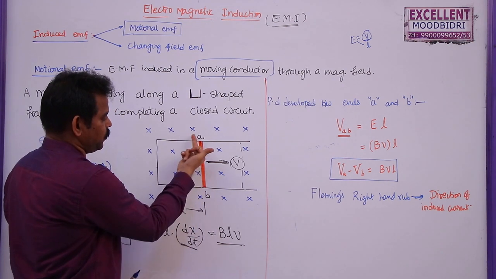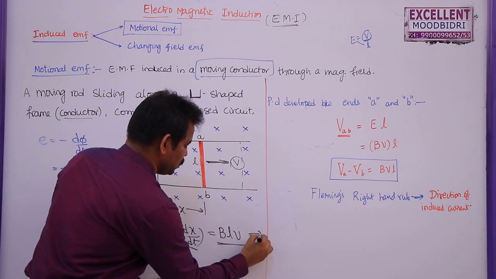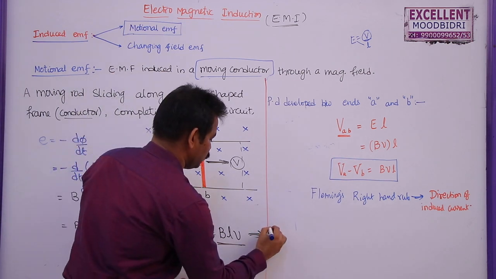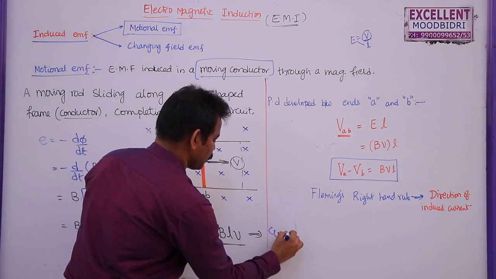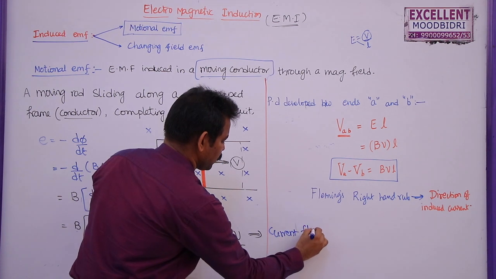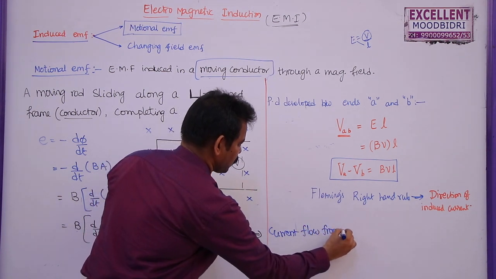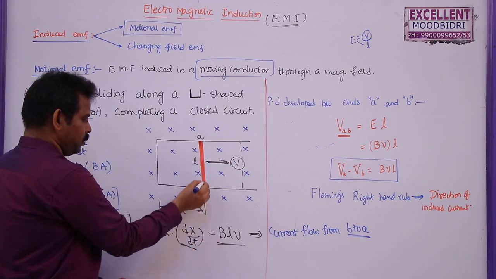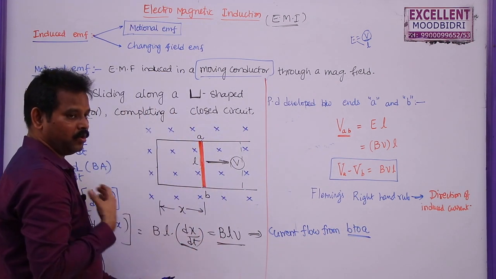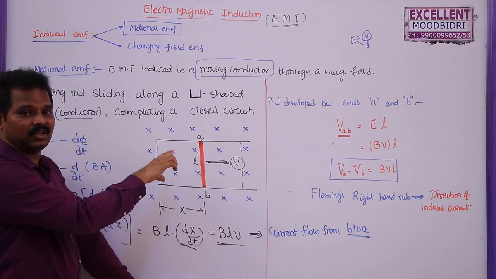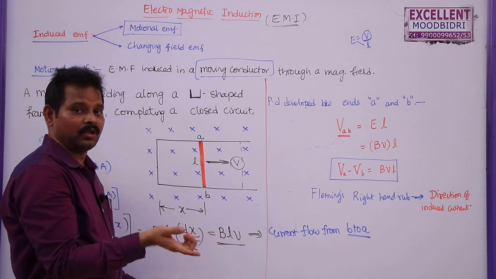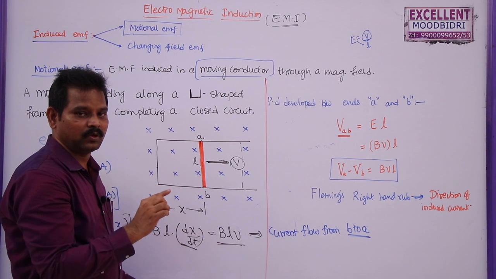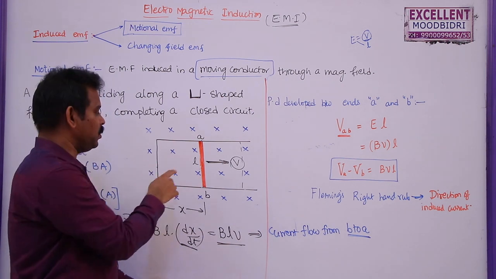So the current flows from B to A. When the current is flowing from B to A, we know that the rod acts as a source of EMF, and within a source of EMF, current always flows from low potential to high potential.